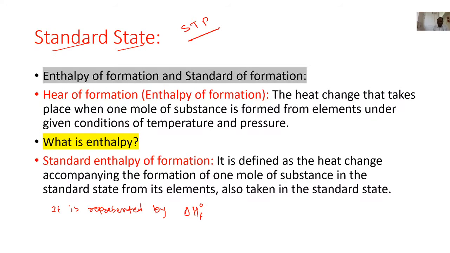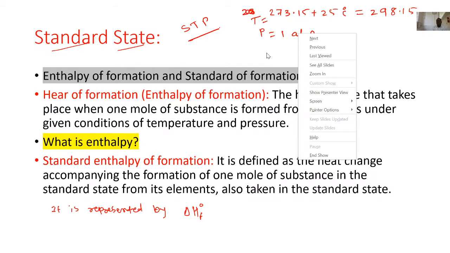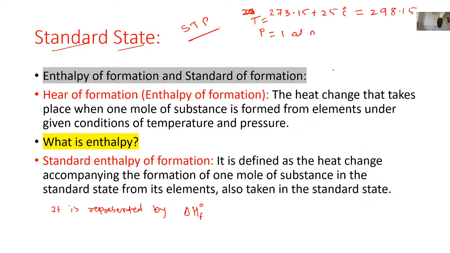The temperature 273.15 plus 25 degree centigrade, that is room temperature, that is equal to 298.15 K, and pressure equal to 1 atmosphere, is called the standard temperature and pressure.